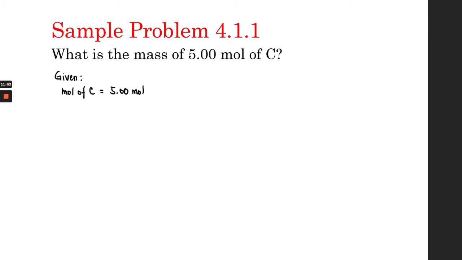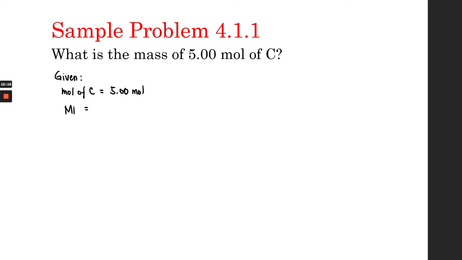What do we know about carbon is its molar mass. The molar masses are easy to identify, especially for single elements or single atoms, because you can just look at the periodic table. Just take the atomic mass and divide it by mole.